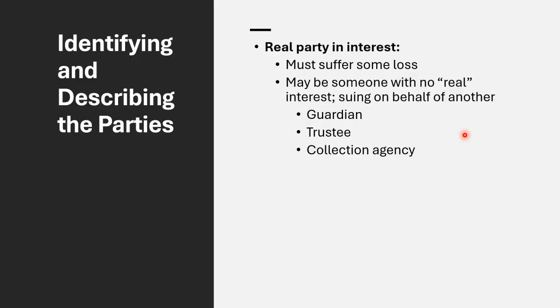This is backing away a little bit from the motor vehicle accident example I just showed. That was for the purpose of showing how the complaint will end up looking. What's important here is that someone must suffer some loss, but someone may sue on behalf of another, like the guardian of a minor child, the trustee of a trust, or a collection agency that doesn't necessarily own the debt. Those are three examples.